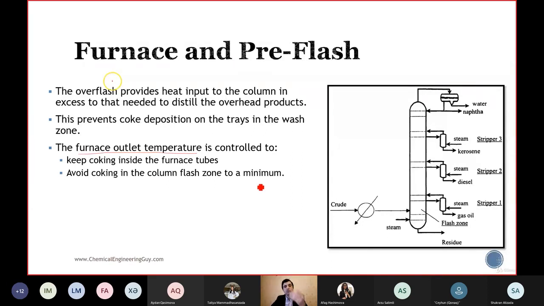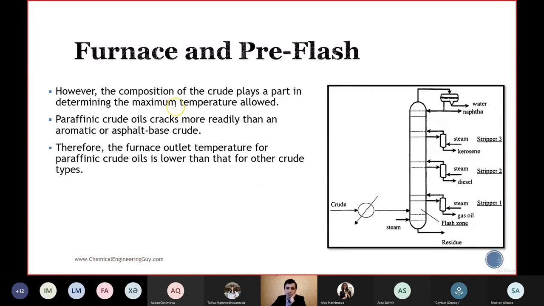But you don't really want a higher temperature either, because then you might have cooking, or cracking, that you want to prevent. The composition of the crude plays a part in determining the maximum temperature allowed. Why? Because we know that we have light crude and heavy crude. That's why this temperature can be different for each type of crude.